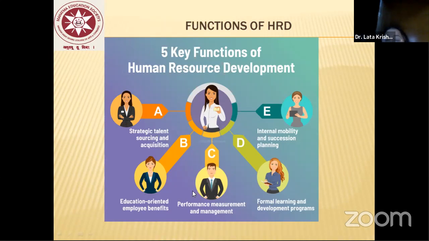D is formal learning and development programs. So when we say formal learning, there could be short-term, medium-term, long-term learning. It could be in the form of courses, training programs. It could also be in the form of having degrees and certifications. Today there are a lot of certifications available.